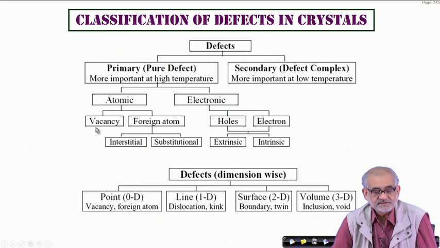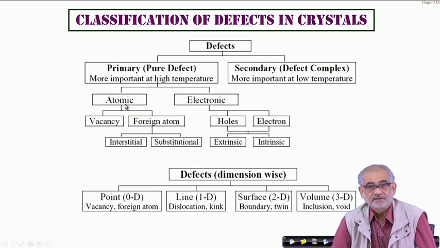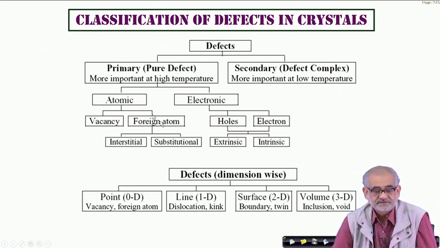Now, this entire range of defects that we talked about are called primary defects because they are isolated and independent. But very rarely in a crystal do you see a situation where you have isolated pure defects. For example, usually a vacancy will have some relation with an interstitial or a substitutional atom.